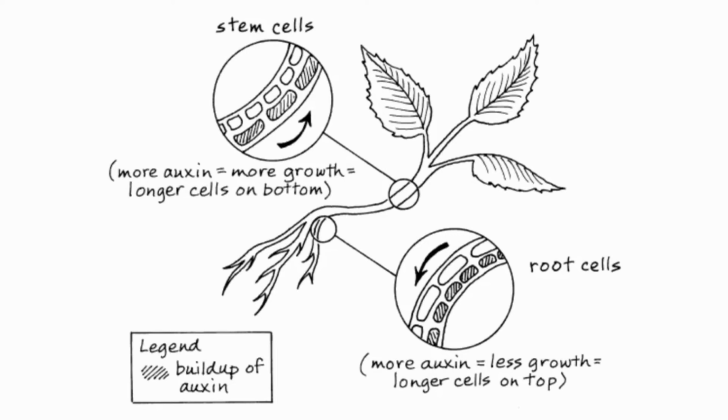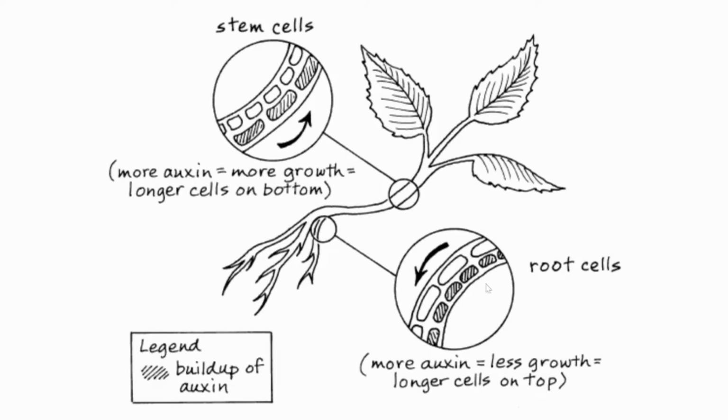And because auxin behaves differently in cells in the shoot of the plant to in the roots, it causes the shoot and the roots to behave quite differently. So auxin causes the cells to elongate in a shoot, which means that the plant will bend upwards.